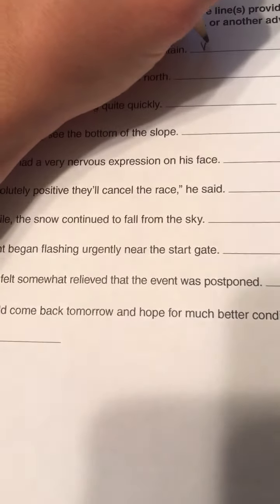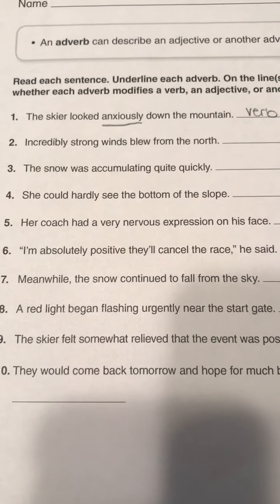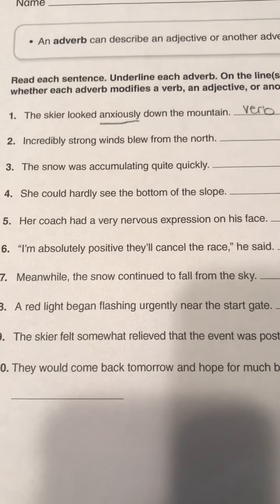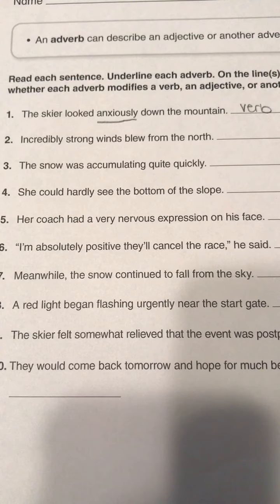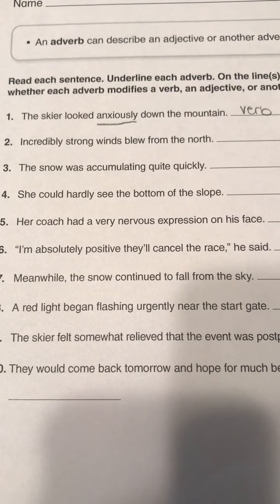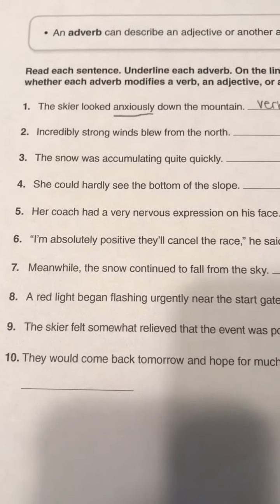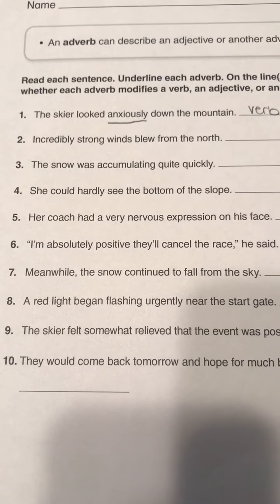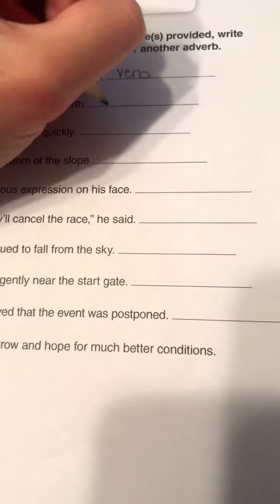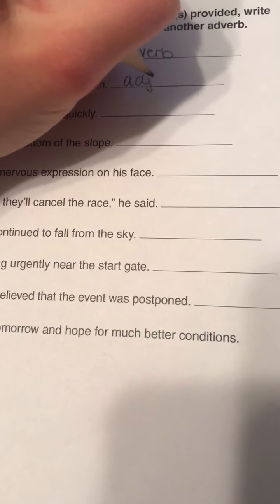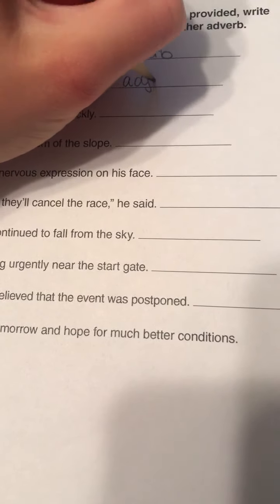2, incredibly strong winds blew from the north. Okay, this one is a little bit tricky because this adverb does not modify a verb. So it's going to be a little bit different. This adverb actually modifies an adjective.